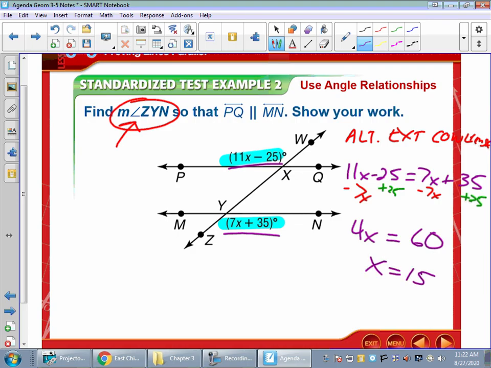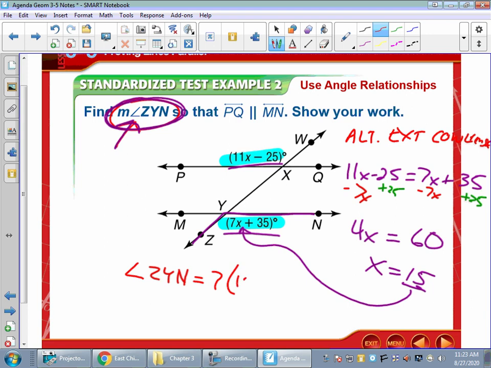But that's not our final answer, because remember, they want the measure of angle ZYN. So where is ZYN? ZYN is right here. So I'm going to plug this 15 back into x in this equation here. Angle ZYN is going to be equal to 7 times 15 plus 35.